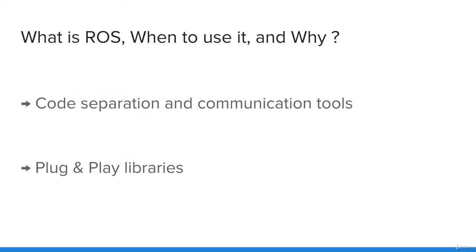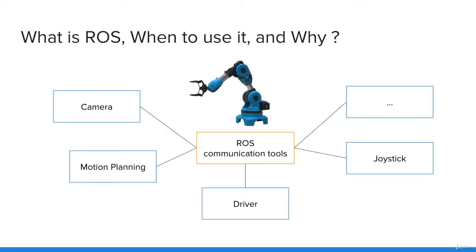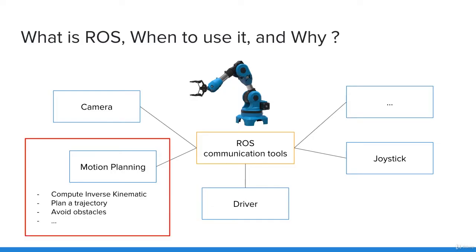The second main point is that ROS provides you with many plug-and-play libraries that will save you a huge amount of time, and most importantly, that will prevent you from reinventing the wheel. If we come back to the robotic arm, imagine how difficult it can be to compute the inverse kinematic for the arm, to plan a trajectory which will make the arm move smoothly and avoid any obstacle on the way.